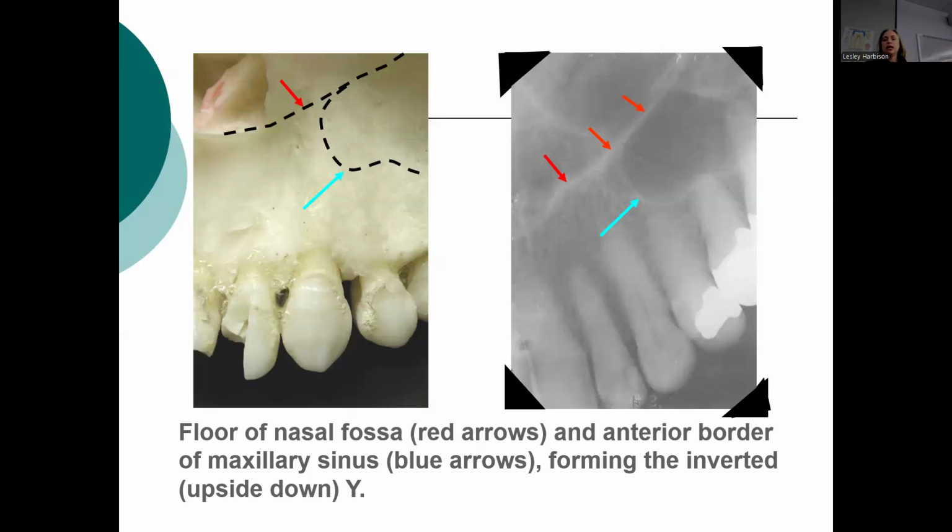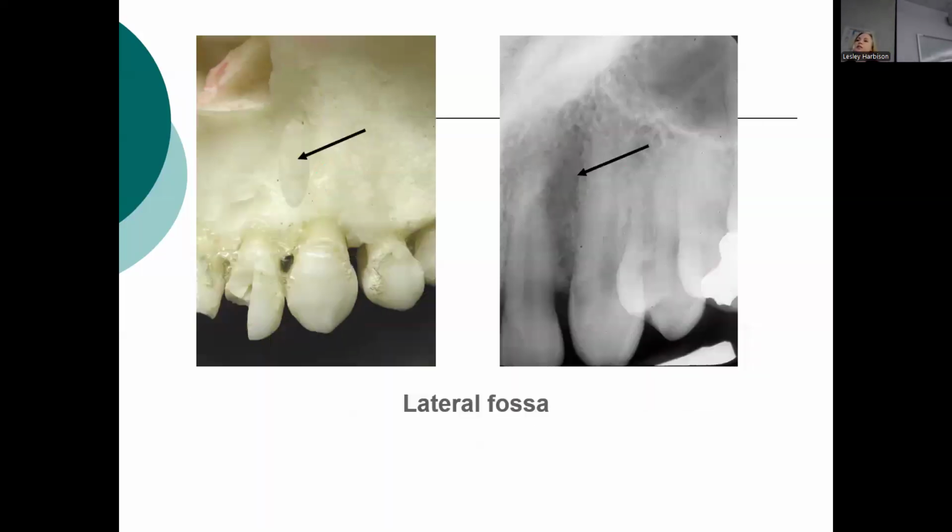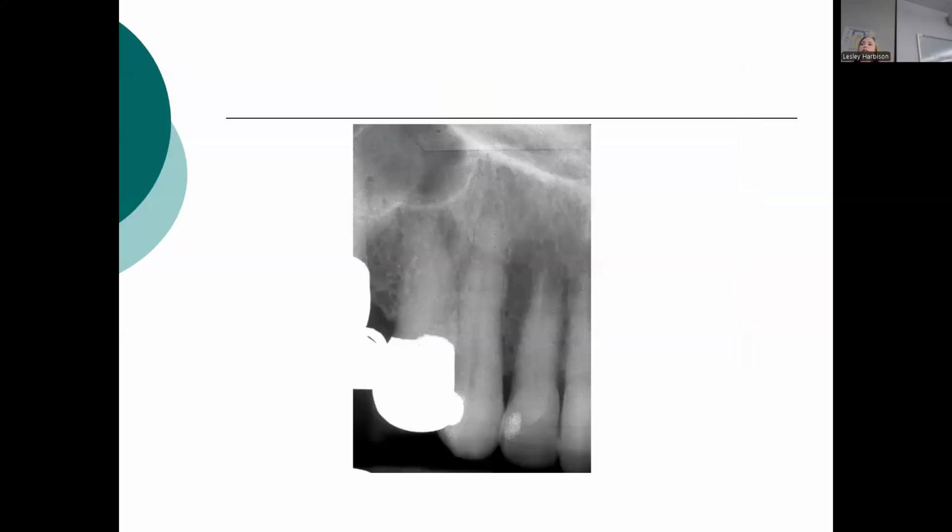Yes. So here's another image of the skull with the lateral fossa or the canine fossa, and what it looks like on the PA. This is just the opposite side, so it's highlighting yet another image that shows this inverted Y. So back here, what's this?